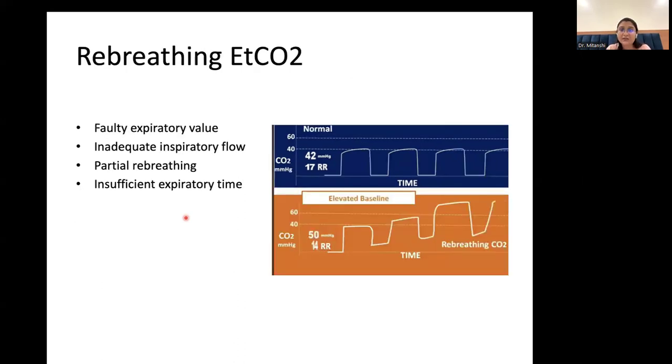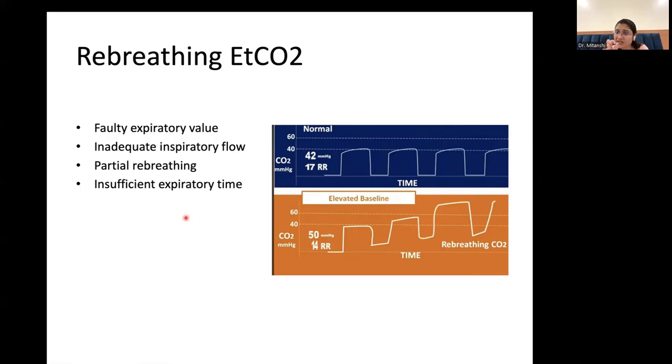Okay, rebreathing and increased EtCO2. Like I said, the circle system, you will understand with the anesthesia machine and ventilator. But what happens in the circle system is that a lot of the expired gas is also given back to the patient. So here there is an increase in CO2 levels, but it's not a problem of the patient.